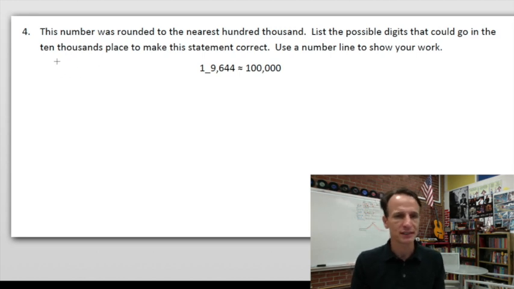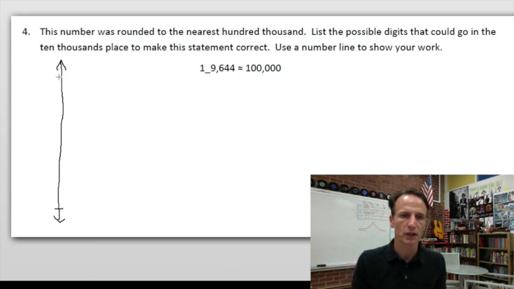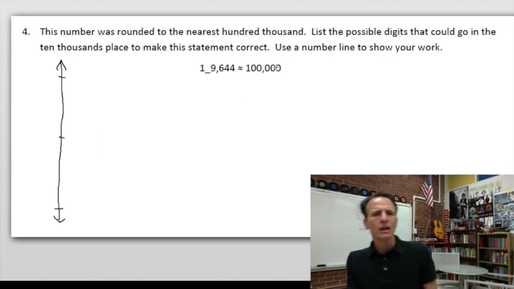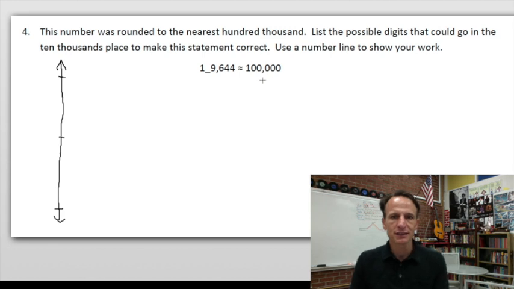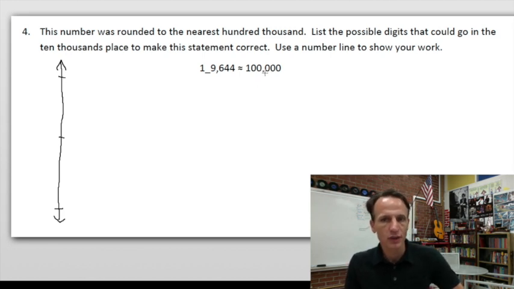Okay, so let's think about this. Let's draw a cute little vertical number line. We will have a lower and upper point, and we might as well mark a midpoint as well. So if it's rounding to the nearest 100,000, what are the digits that could go in the 10,000s place?